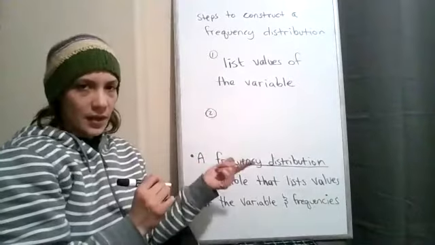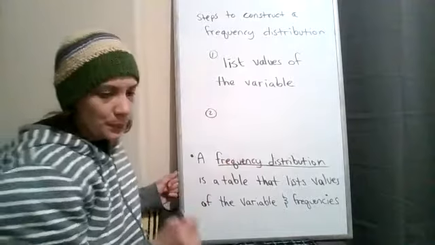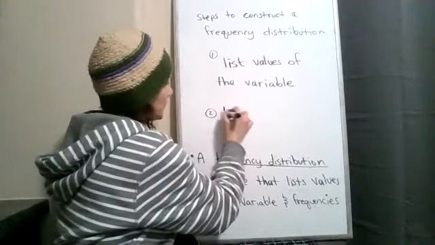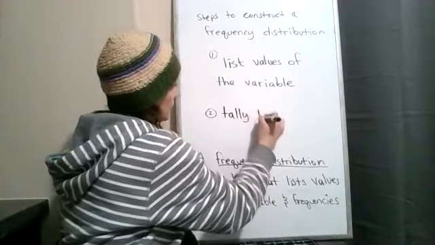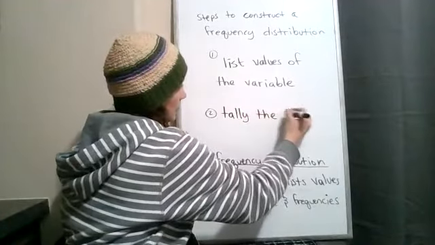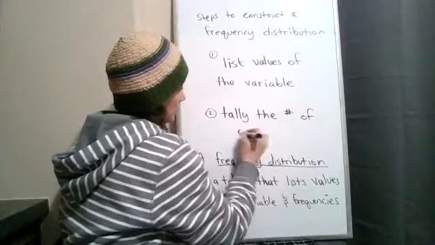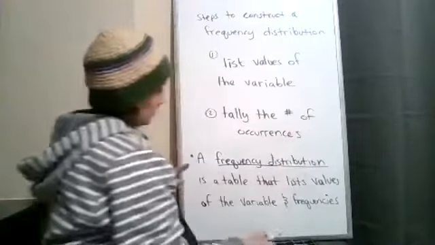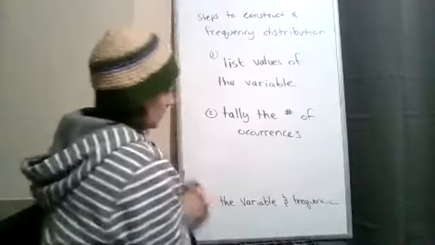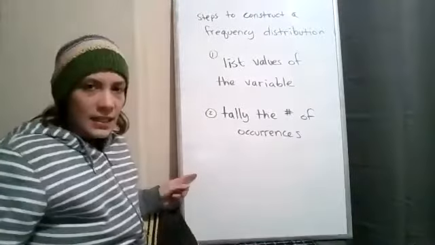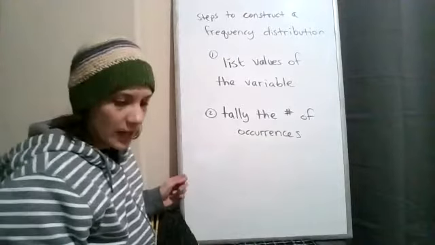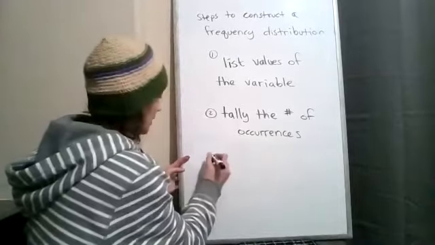And then you're going to have a place in the middle to do a tally. Tally number of occurrences. And at the end, you get the total to have your frequency. So count tallies to get frequency.